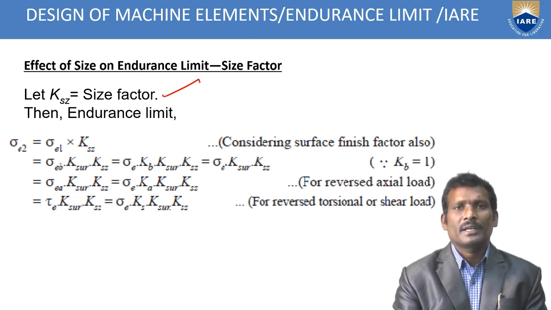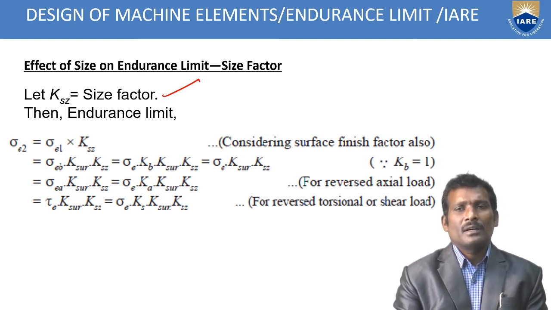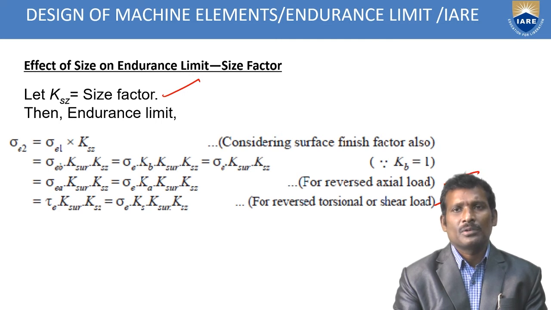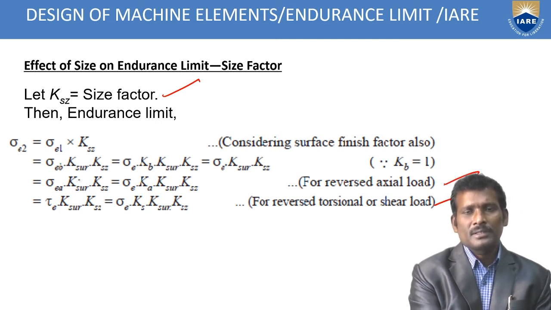Then you calculate the endurance limit again, considering the size factor, when it is subjected to reversed bending load, reversed axial loads, and reversed torsional or shear loads. Clear? So whenever you are considering the size, sigma E2 is equal to sigma EB, K surface and K size. What is sigma EB?